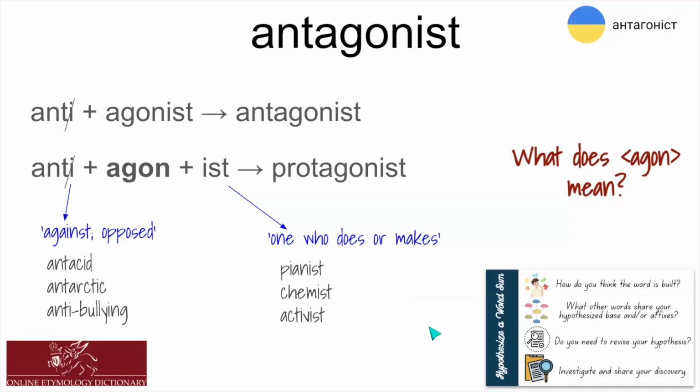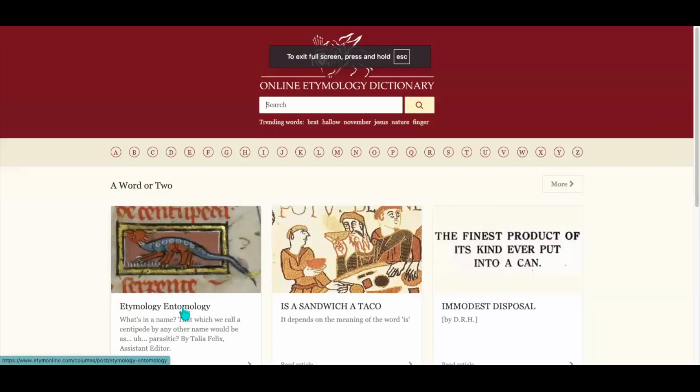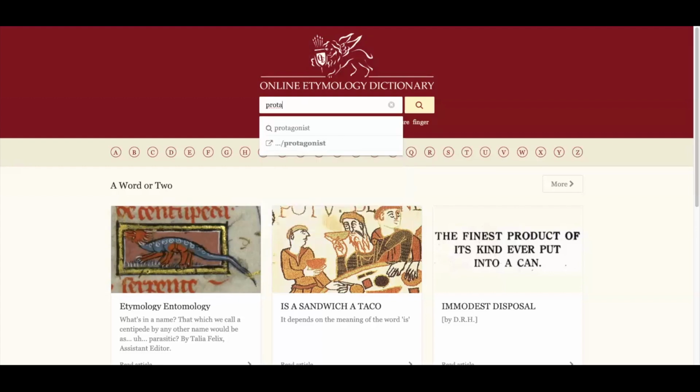So now that I've done some pre-thinking, I can go into our online etymology dictionary and do some digging and confirm, or maybe not, our hypothesis. So I'm going to go over to Etym Online and I'm going to search in protagonist because that was the first one that we looked at.